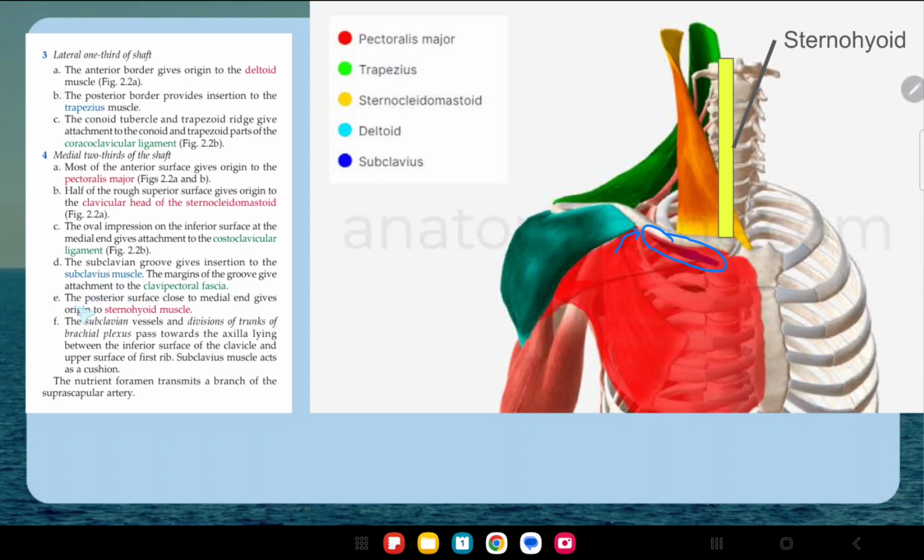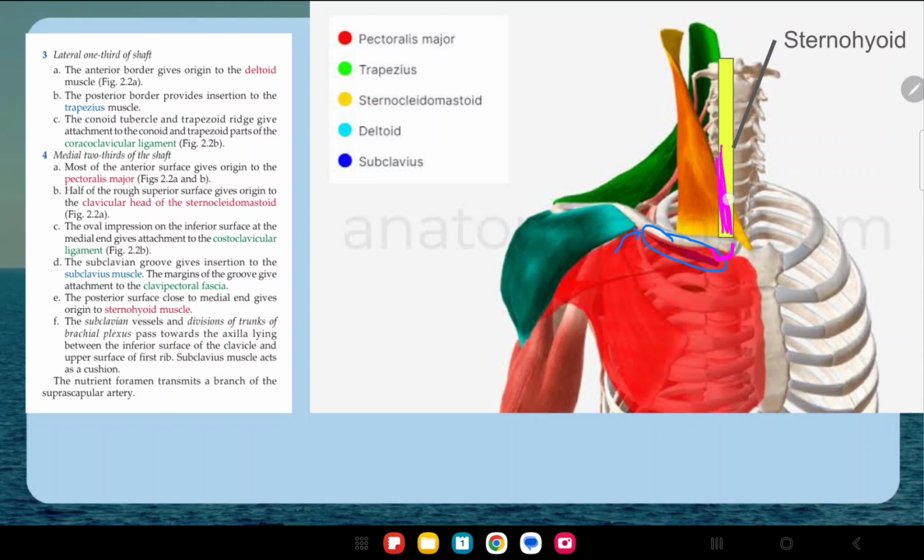And next, the posterior surface close to the medial end gives origin to the sternohyoid muscle. Now, this muscle was not present in the picture, so I tried to draw it myself. On the medial end and the posterior surface, there is a muscle arising here.